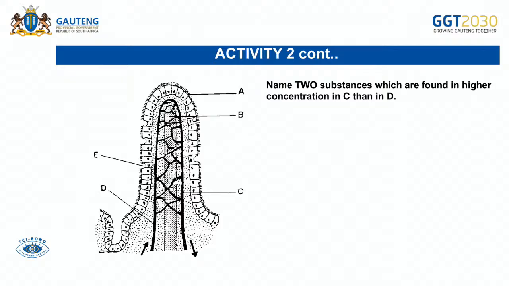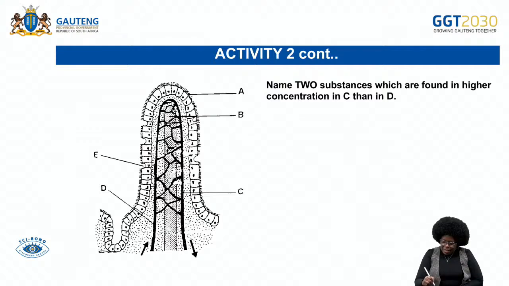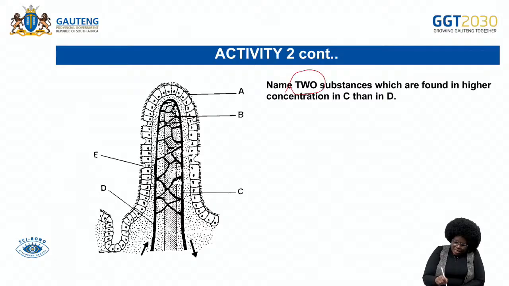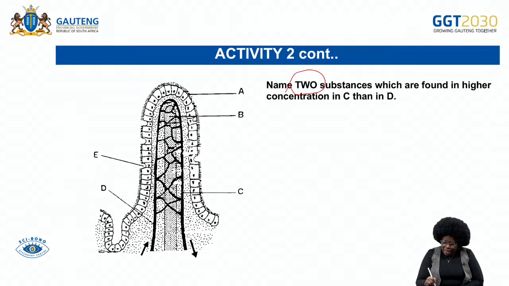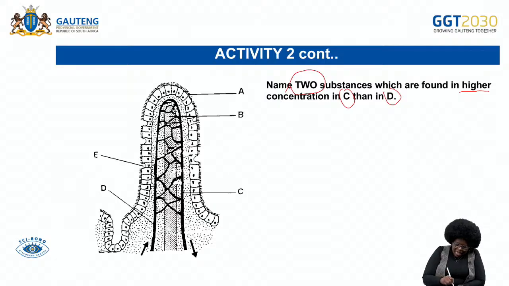This other question is saying, name 2 substances. Here you are just naming. So you are naming 2 substances which are found in higher concentration in C than D. Can you check something here? Movement of nutrients is taking place.